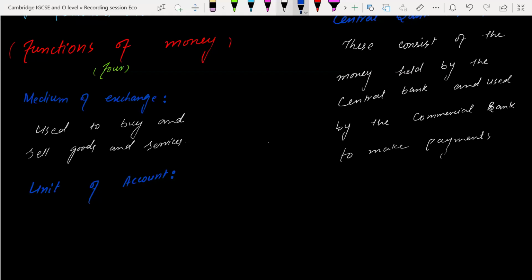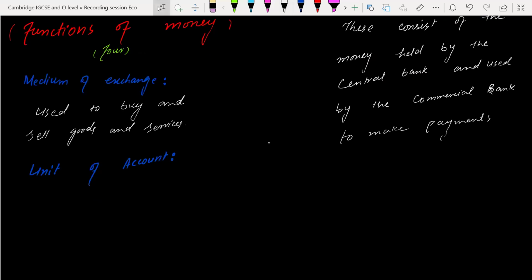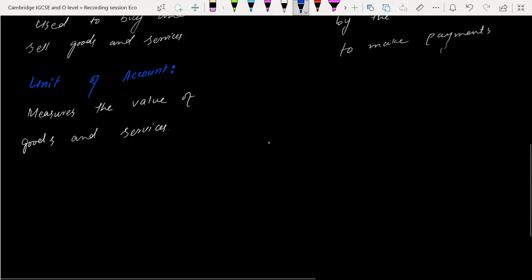So it's called unit of account. Unit of account means measuring the value of goods and services. Next, it can be store of value.